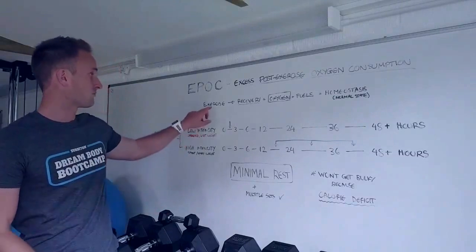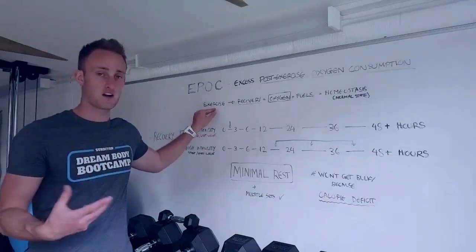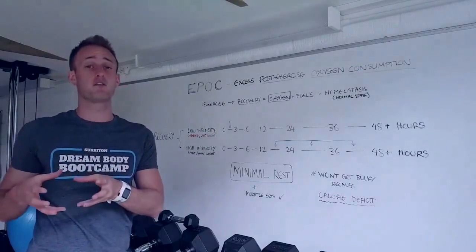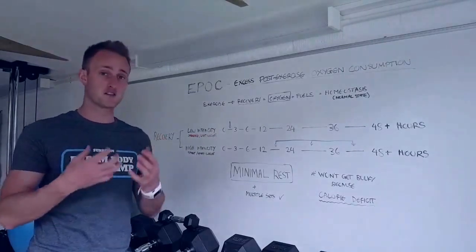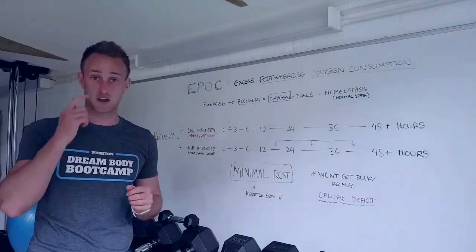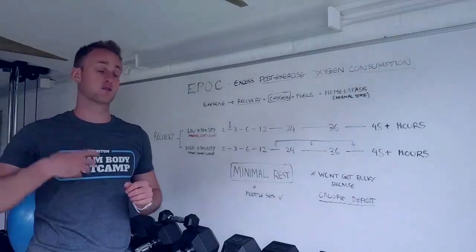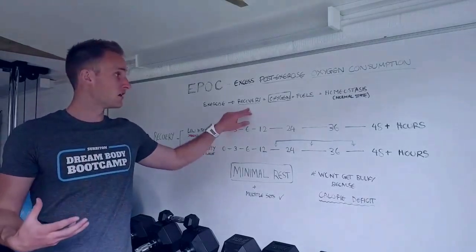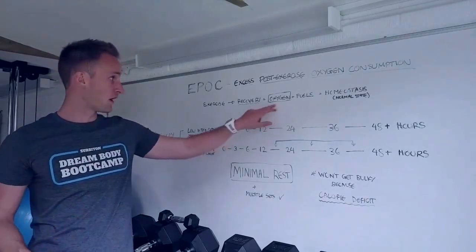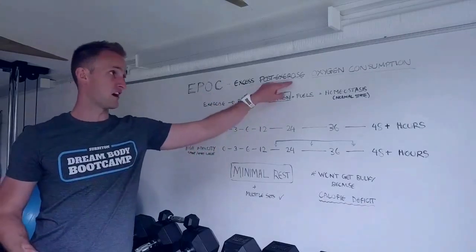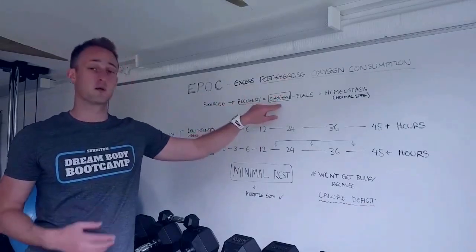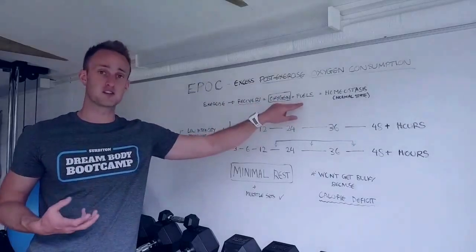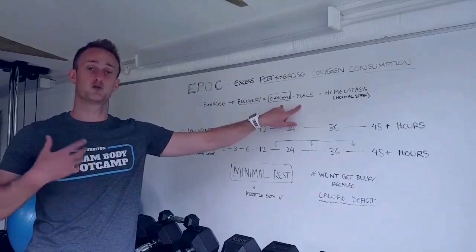So to begin with, we know when we exercise, we do that to burn calories, to burn up fat, to use the energy of our fat to provide the energy for the exercise we're doing, and importantly, for the recovery after the exercise. To recover, we require oxygen, which is where the name post-exercise oxygen consumption comes from. The more oxygen we require to recover, the more fuel we need to use to help with that.